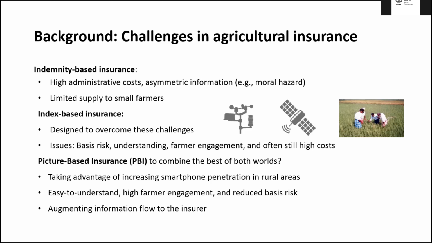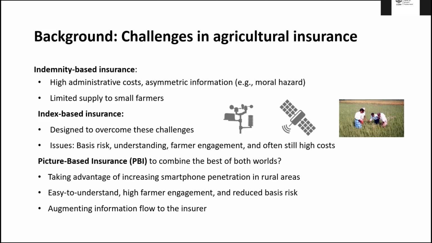Now, also related to that is these products can be quite difficult to understand. They are highly automated, which is good in the sense of making payouts automatic and very rapidly. But that comes with the problem that there's limited farmer engagement, and that for farmers it remains a very abstract concept.